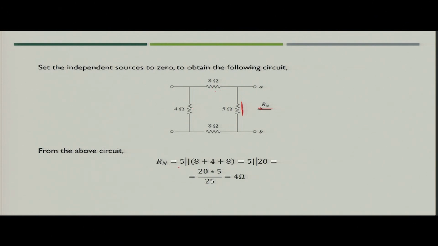So, you can write 5 ohm in parallel with the series combination of 8, 4 and 8 ohm resistances. When you solve it, you get Norton's resistance equal to 4 ohm, that is nothing but Thevenin resistance also.